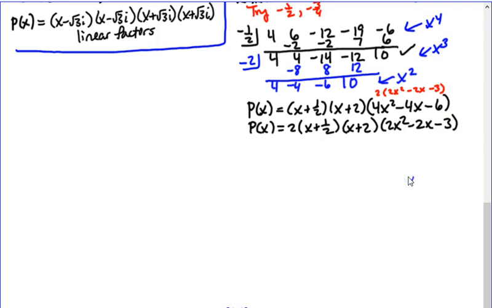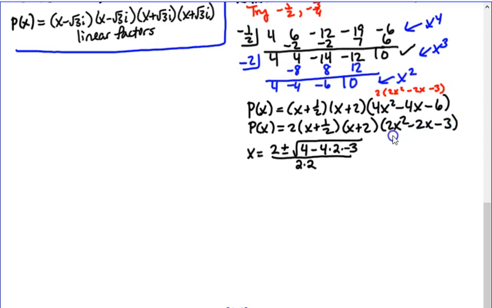Using the quadratic formula, I would have x equals positive 2, because that's negative 2 here, positive 2 plus or minus the square root of negative 2 squared, which is positive 4, minus 4 times a times c, so times 2 times negative 3, all over 2 times 2.